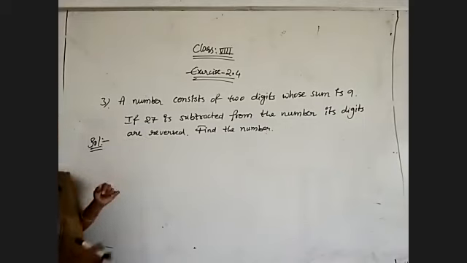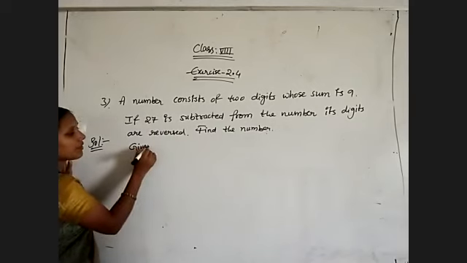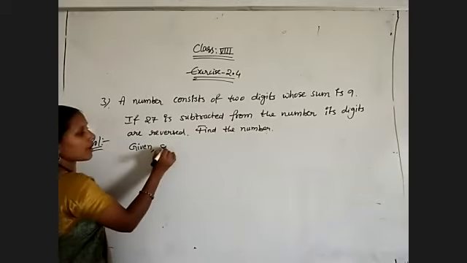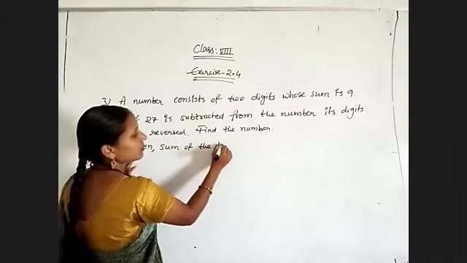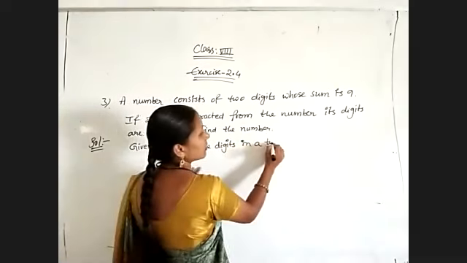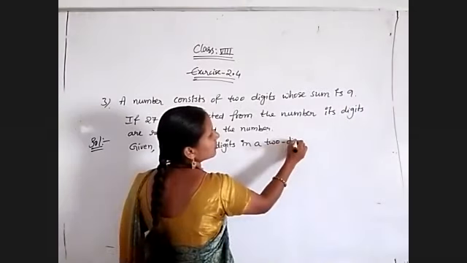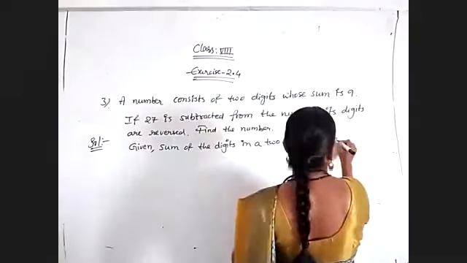Okay, find the number. Given the sum of the digits in a 2 digit number is equal to 9.